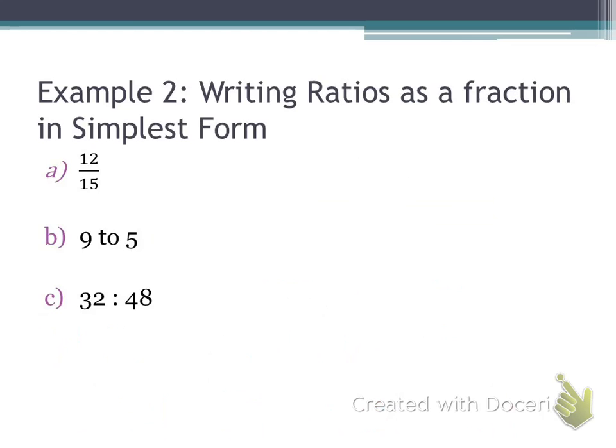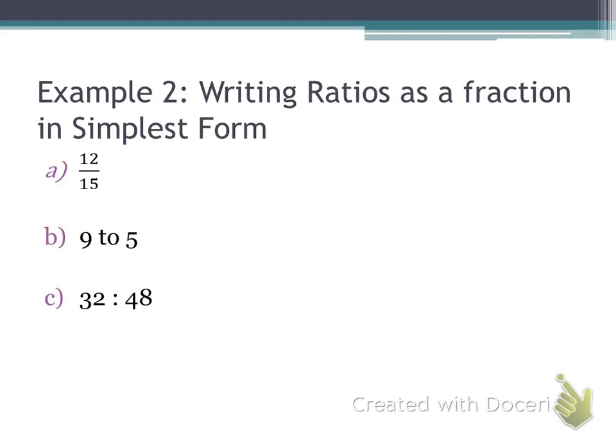Well, letter A is kind of nice because it's already a fraction. So I just have to figure out how can I write this in simplest form. Now remember, this is kind of going back a couple chapters, but how can I reduce a fraction? I must divide top and bottom by the same number.